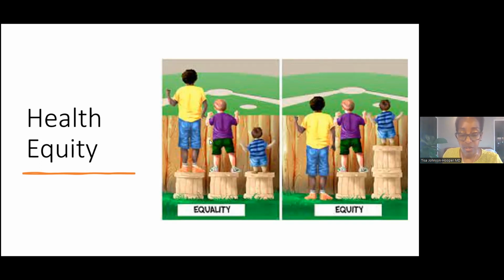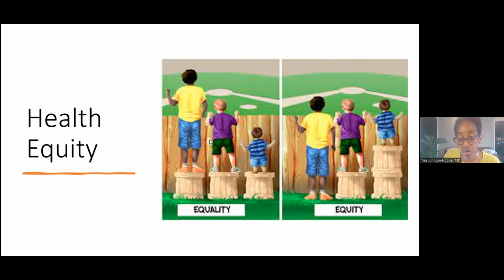According to the Robert Wood Johnson Foundation, health equity means that everyone has fair and equal opportunity to live the healthiest life possible. I want to draw your attention to this very familiar image on your screen. The image is a metaphor for health equity. The portion of the image to the left depicts children of different sizes with the same size stool, so they have equal access to resources.